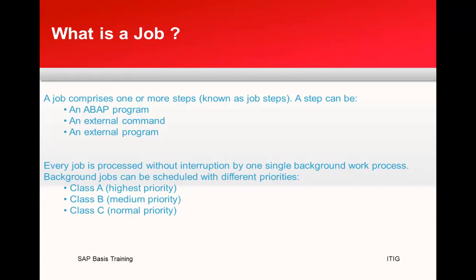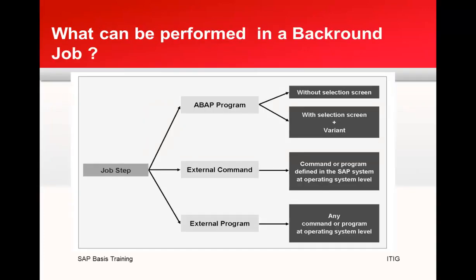As we saw, a job consists of multiple steps, and each step could be an ABAP program, an external command, or an external program. Here we see what we can execute in these steps. Every ABAP program can be scheduled as a step of a job.